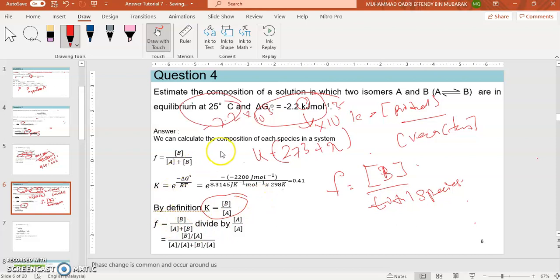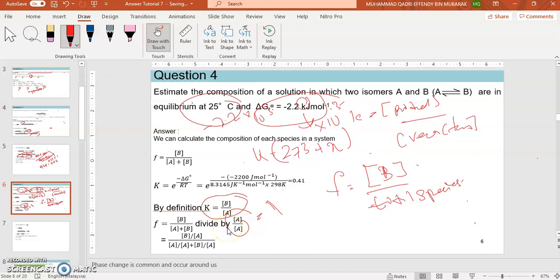Now in our solution we have A and B, so the total concentration of our species is A plus B. So what we do is divide everything, the numerator and denominator, by A, because A over A equals 1.